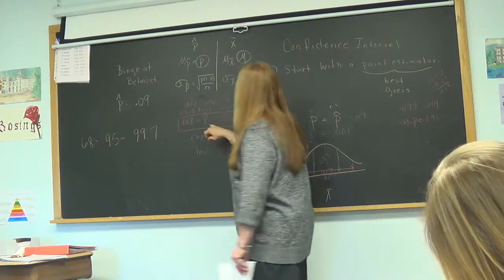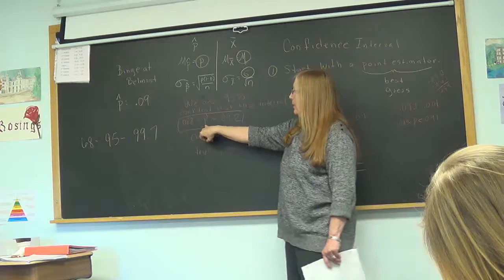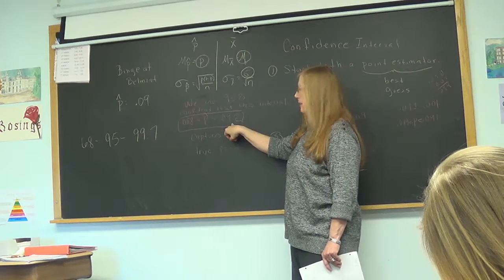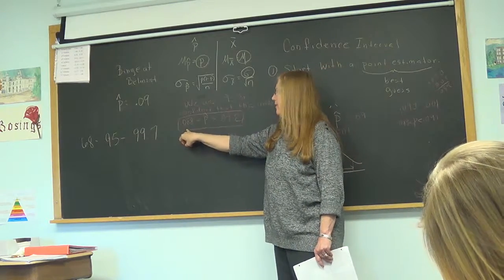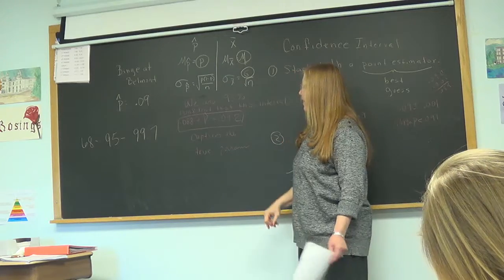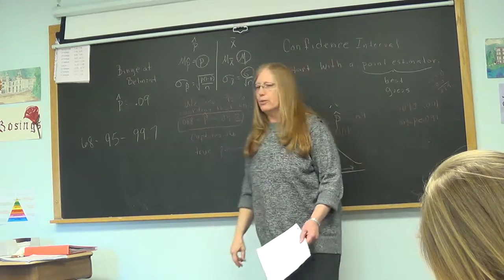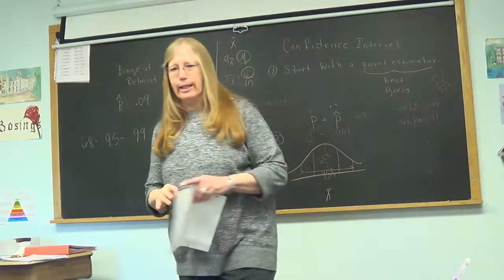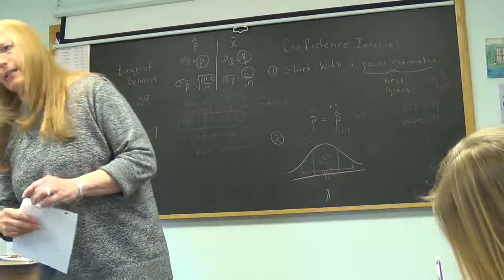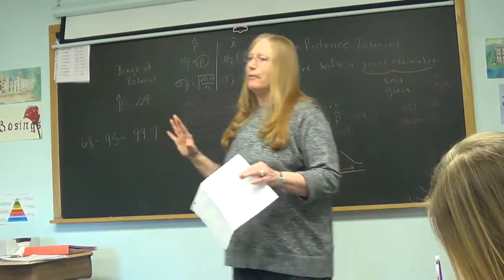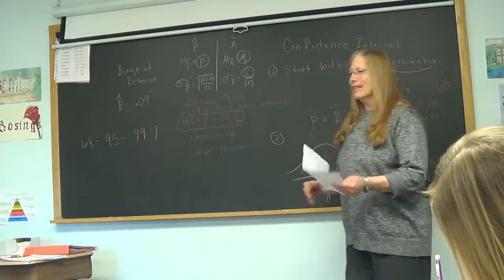We're going to take our P hat 0.09, go up 2 standard deviations and down 2 standard deviations, and we are confident that that captures the true parameter 95% of the time. Will it always? There's that 5% chance that it won't.